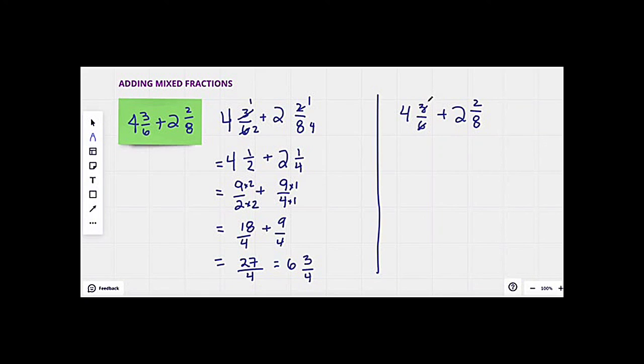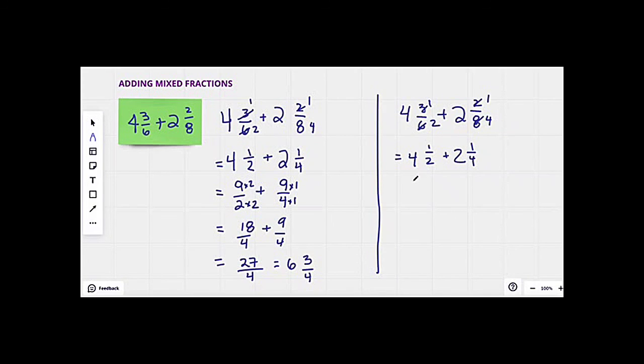So this will become a 1 and a 2, because 3 is divisible into both numbers. So 3 goes into 3 once, 3 goes into 6 2 times. Same thing here. 2 goes into 2 once, 2 goes into 8 4 times. Now we can write our new fractions, and we have a 4 and 1/2 plus 2 and 1/4.